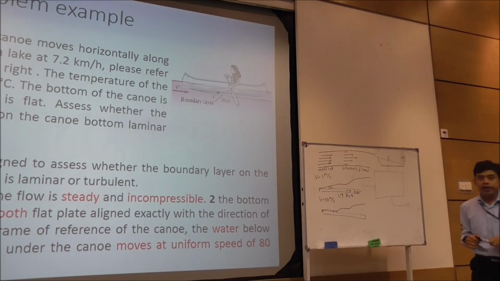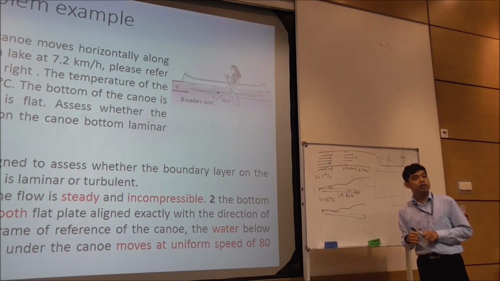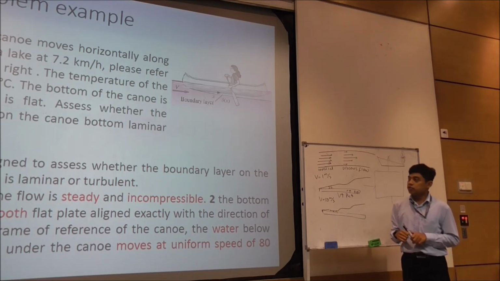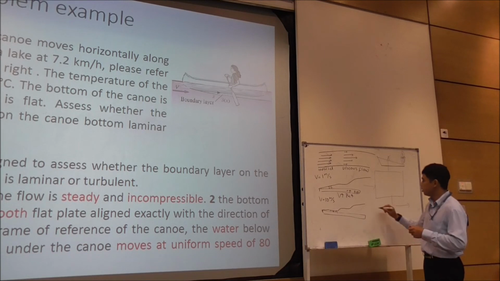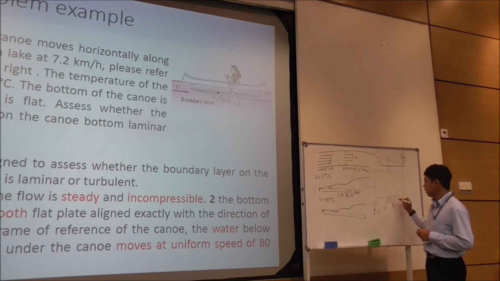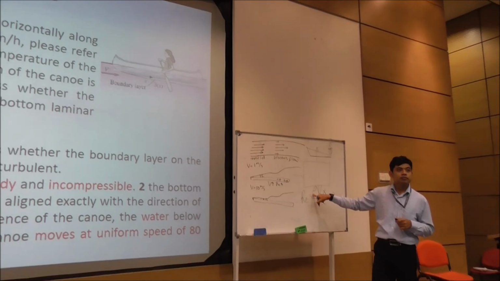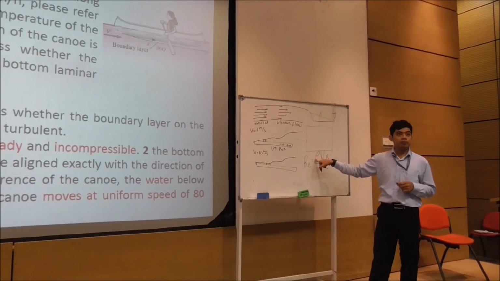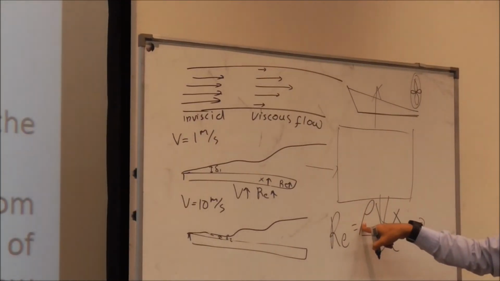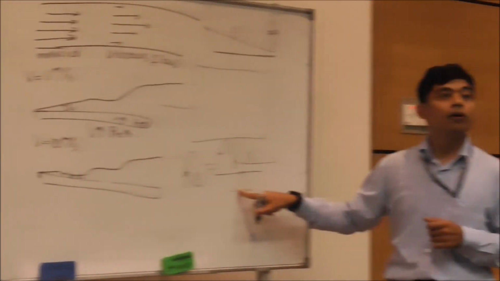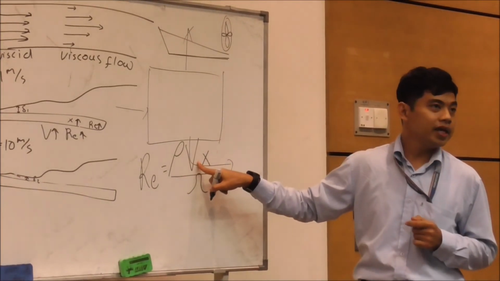You need to calculate the Reynolds number. If you want to calculate the Reynolds number, what you need is rho V x over mu. Rho you get from the water properties at 20 degrees C. Mu similarly.